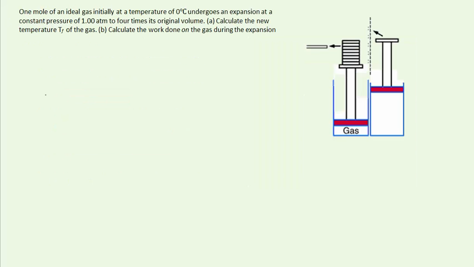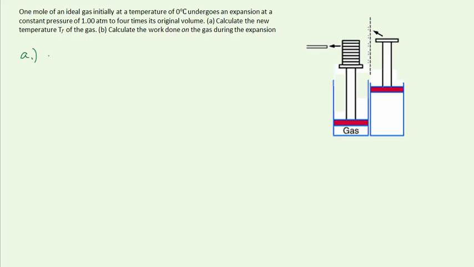In our example given, it states that 1 mole of an ideal gas initially at a temperature of 0 degrees Celsius undergoes an expansion at a constant pressure of 1 atm to 4 times its original volume, and we're asked to calculate the new temperature of the gas.